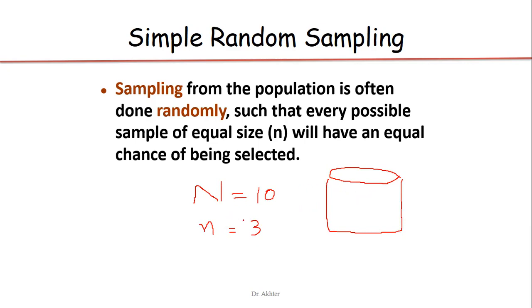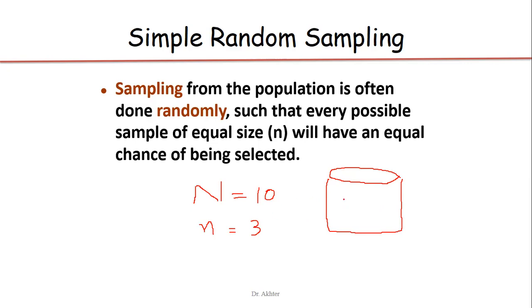We may select these samples without replacement, or we may select this random sample with replacement. If we are selecting with replacement, then the population will be assumed to be infinite, because I selected the first element, then replaced it into the population, then selected another element from this population.